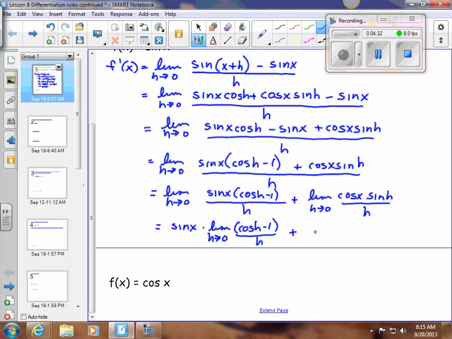And I can factor out cosine of x, again since it's just a coefficient, to be multiplied by the limit as h approaches 0 of sine of h over h.